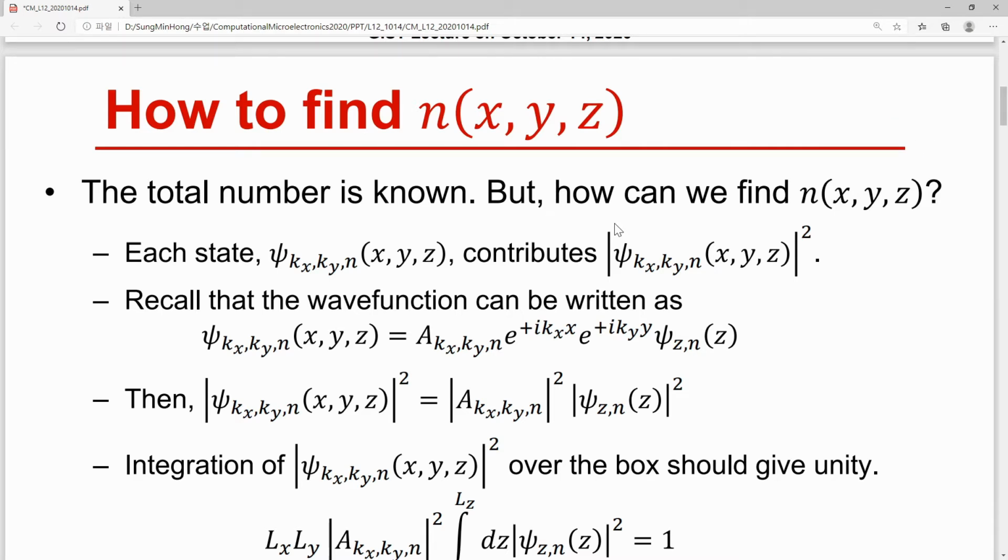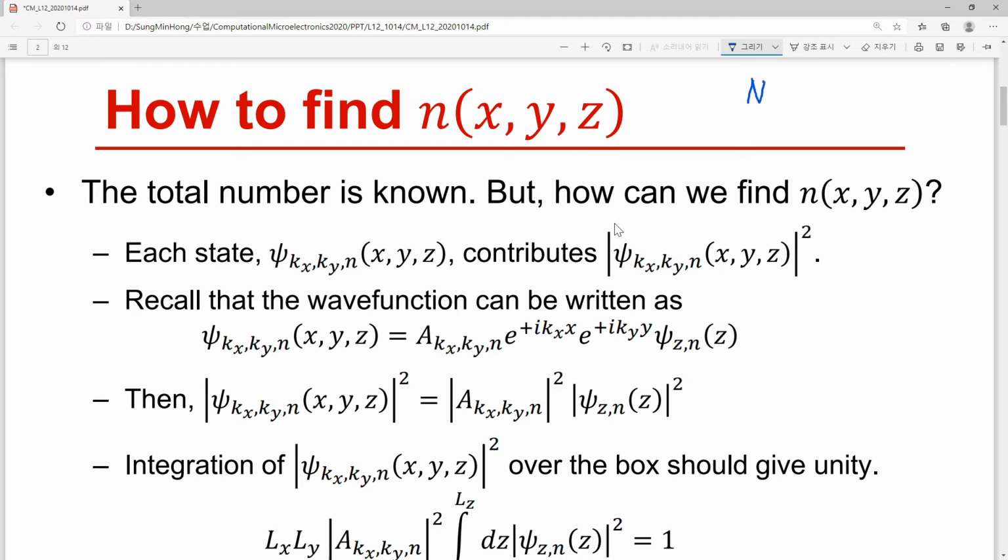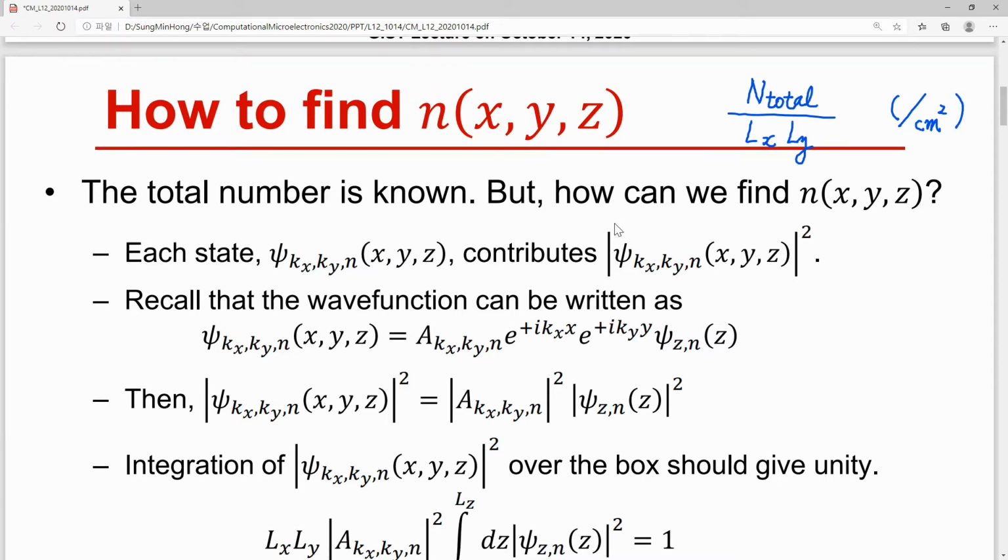And from that calculation, we can calculate the N total and divide it by Lx and Ly. That gives us a certain quantity per unit area. So the electron is uniformly distributed over our thin plate.